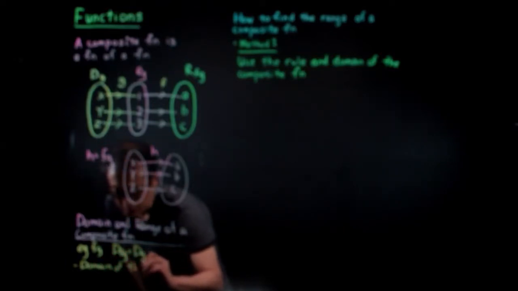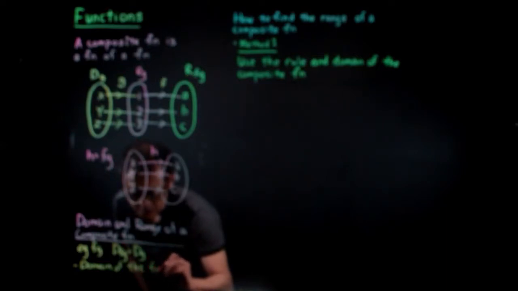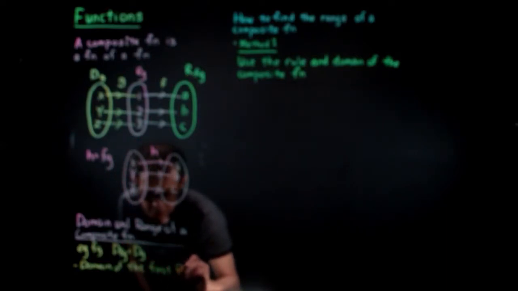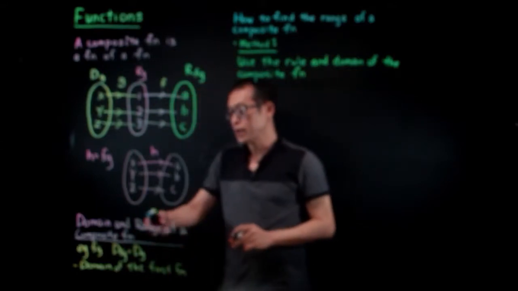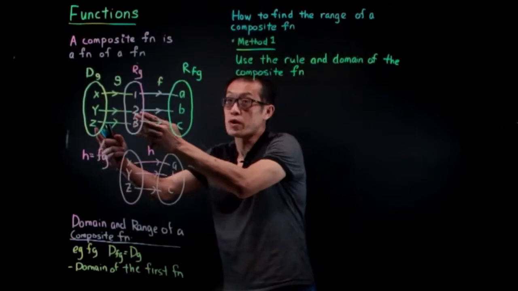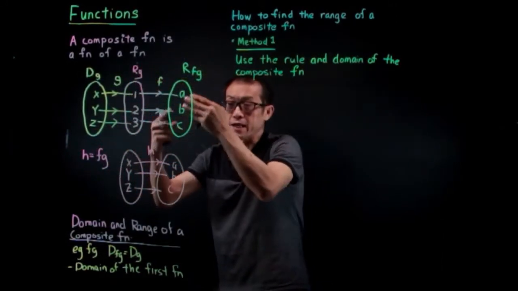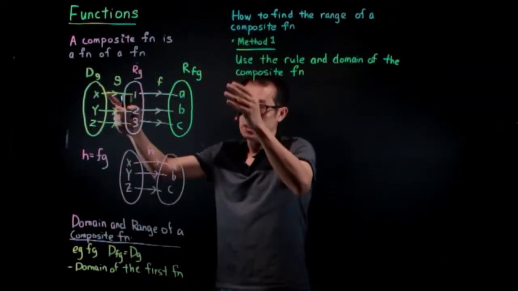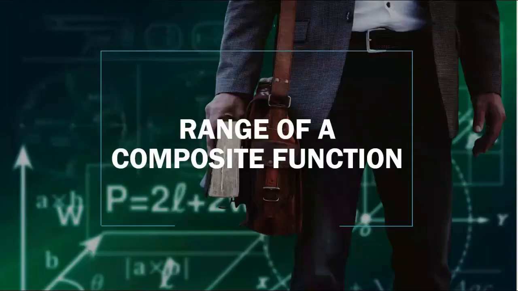So the domain of the composite function is the domain of the first function because this is what you put inside the composite function.